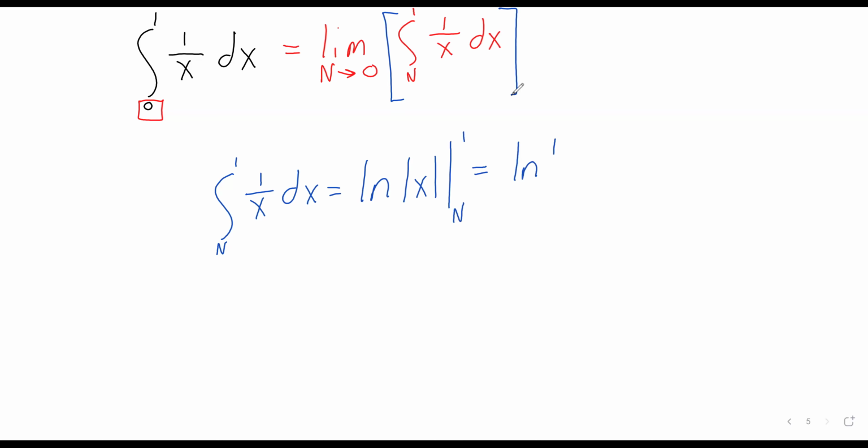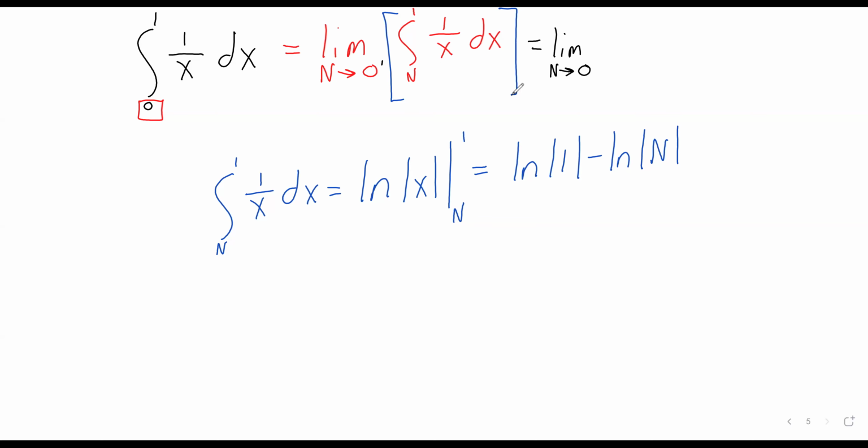Get the natural log of 1 minus the natural log of n. No problem here, everything is perfectly defined. But we're assuming here that n is a positive number.